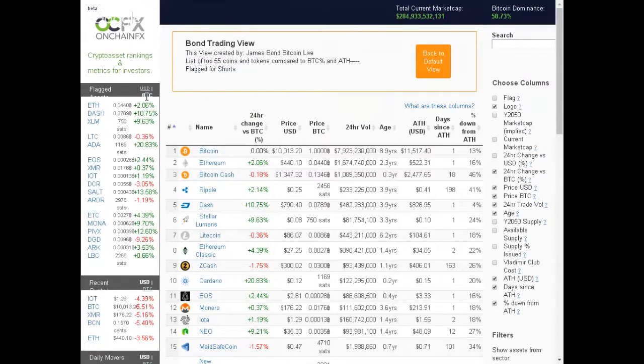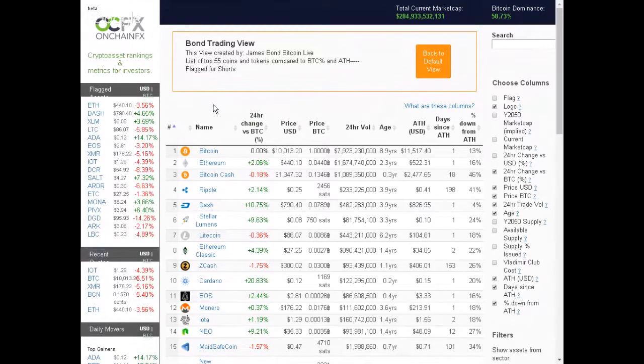Well, looks like some coins and tokens are up higher than Bitcoin. According to this, the current price of Bitcoin is $10,013.20. I'll be going over the Bitcoin charts, the mempool and the fees later on, but let's go on to the rest of the news.